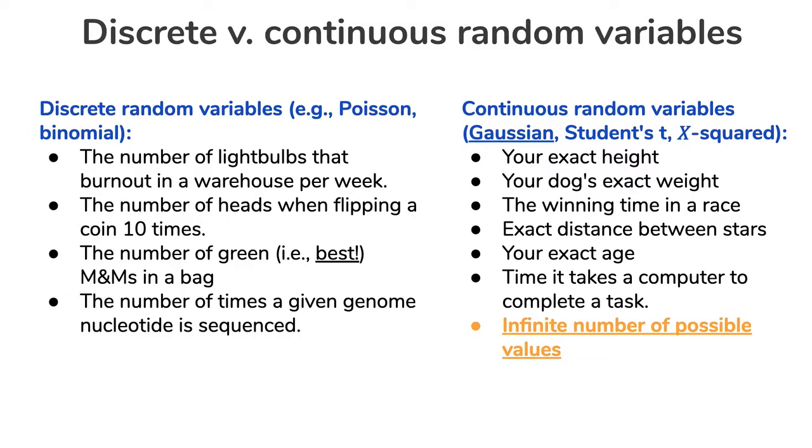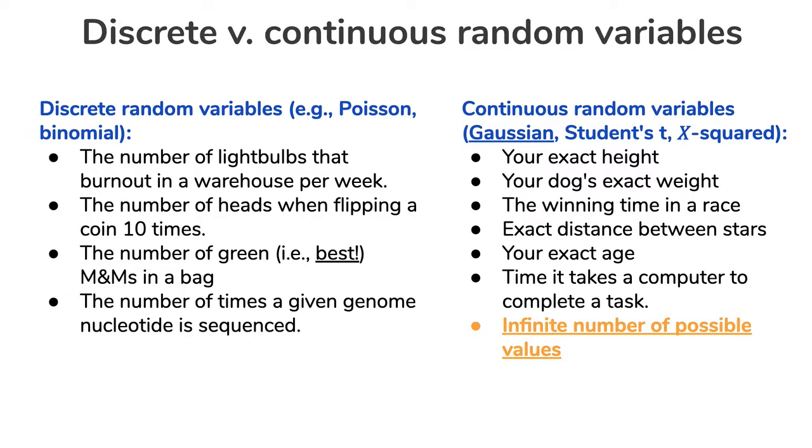And that's the same for everyone. So height is actually a continuous random variable. Distance between stars, your exact age down to the billionth of a second. And I think the really important thing to always recognize with continuous random variables is there are an infinite number of possible values when you're talking about unlimited precision in the estimate.